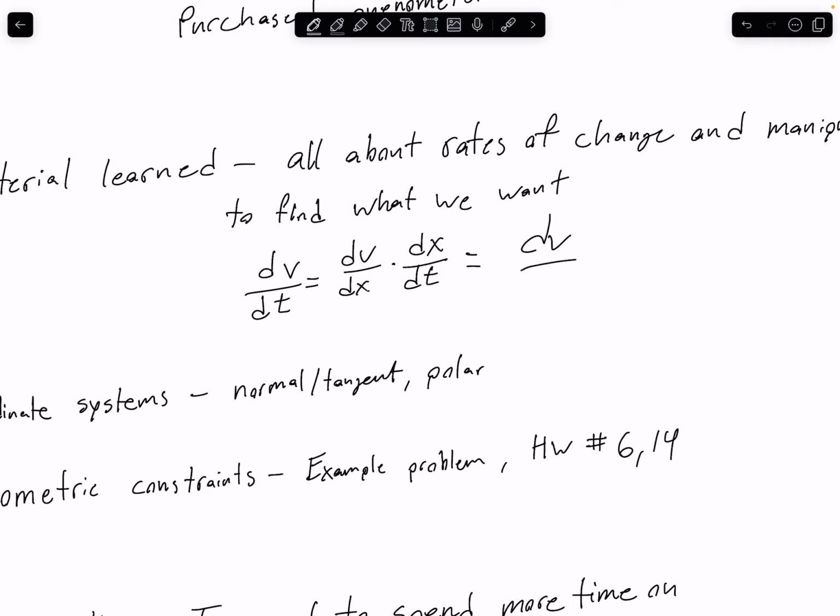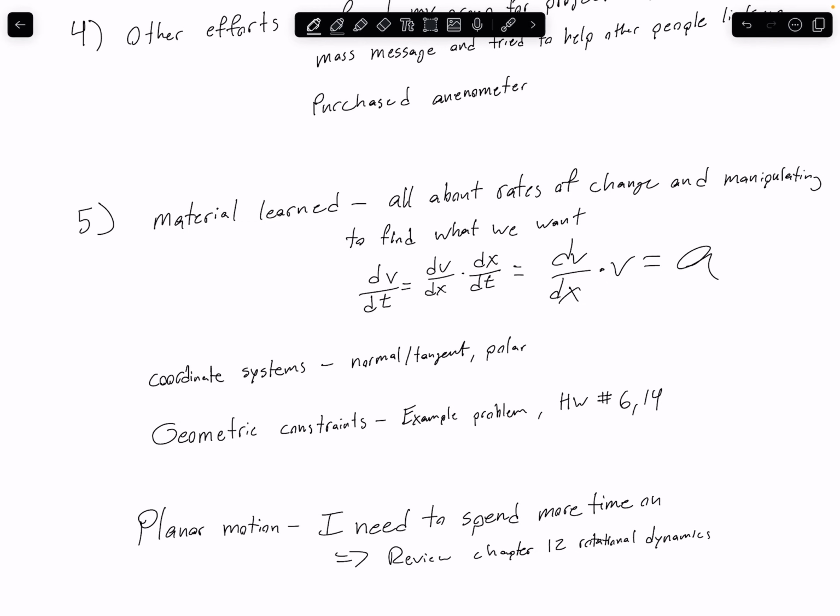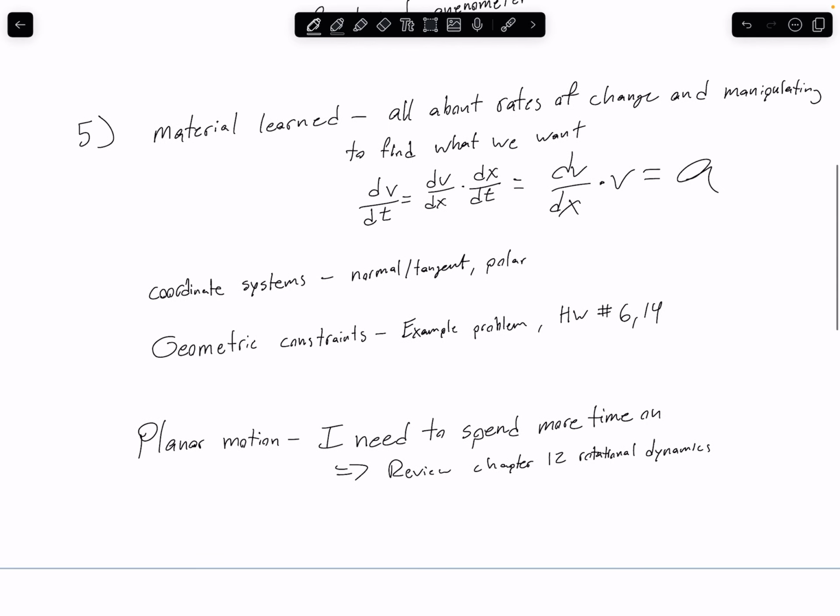So we know this can end up with dv over dx times v, because dx over dt equals v. And then this all equals acceleration. So I had never really thought about that before, but it does make sense, and you can do different integrals with it as well. So that's very useful.